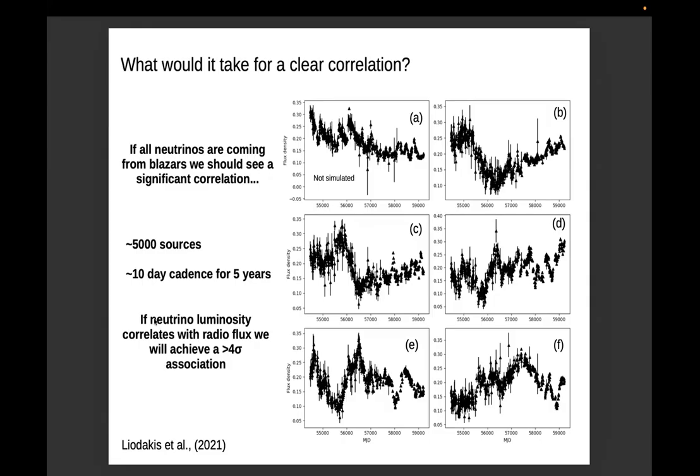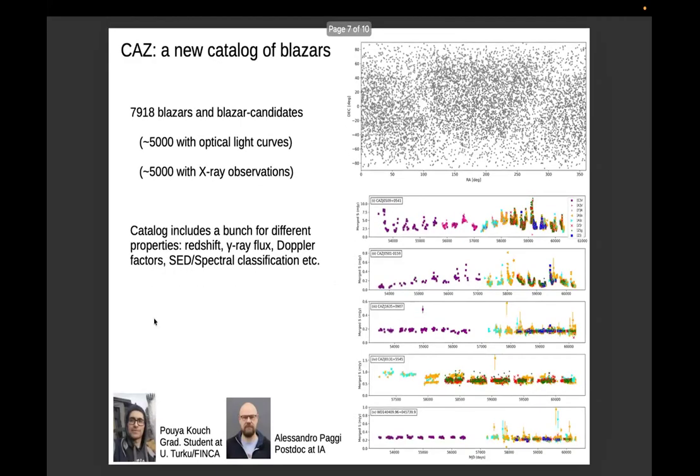But as I've said, we have other wavelengths, and in the optical, as you're all very well aware, we do have all these large-scale surveys. Here, the problem was that we didn't have a sample big enough to work with, so we had to make one. This is work done by Buya, a graduate student at the University of Turku.